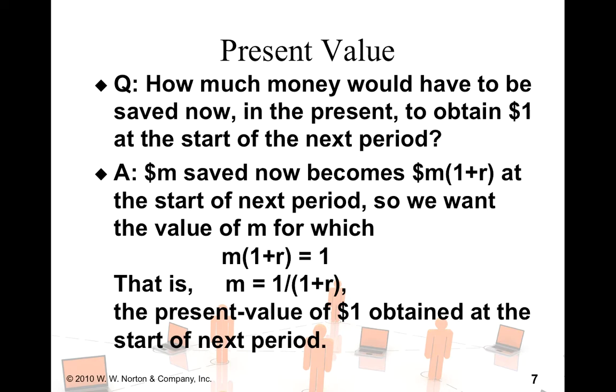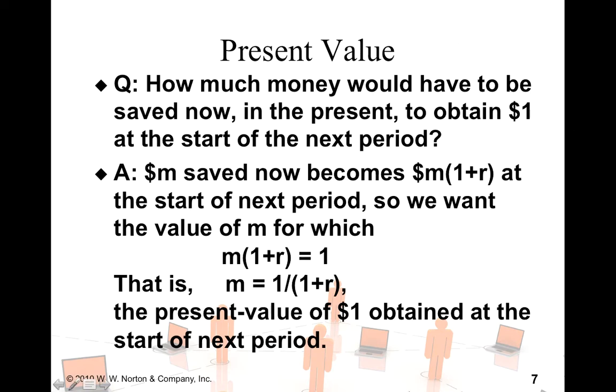So to figure out m, we will have to divide both sides of this equation by 1 plus r, which gives us m equals 1 divided by 1 plus r. So in order to receive a dollar at the end of the first period, or the start of the next period, the maximum amount that you would like to pay for that is 1 divided by 1 plus r.